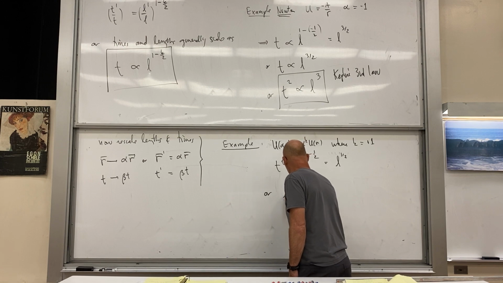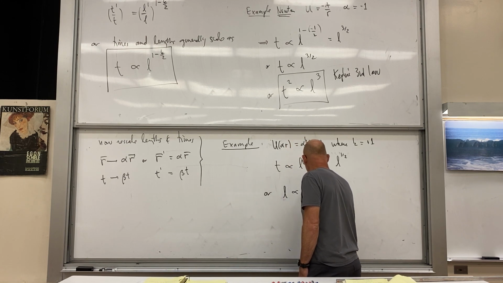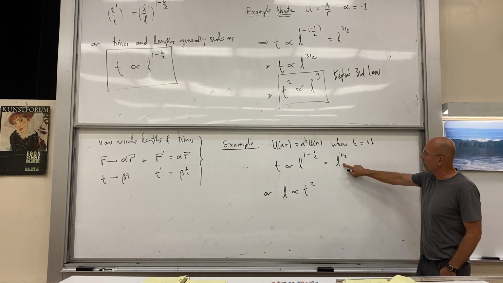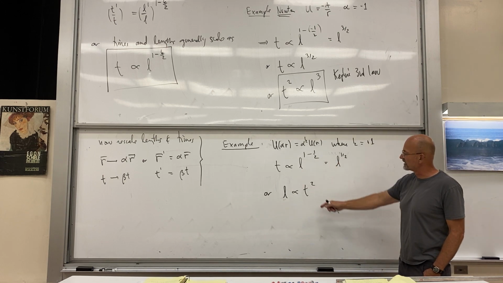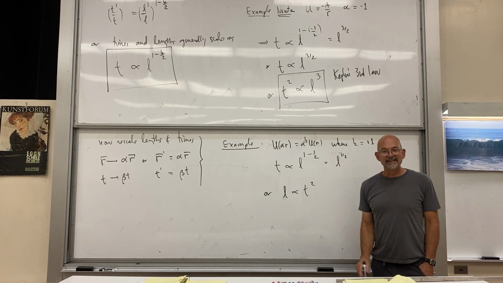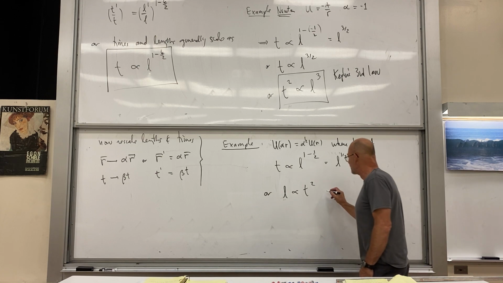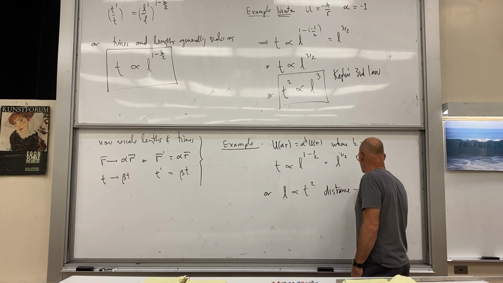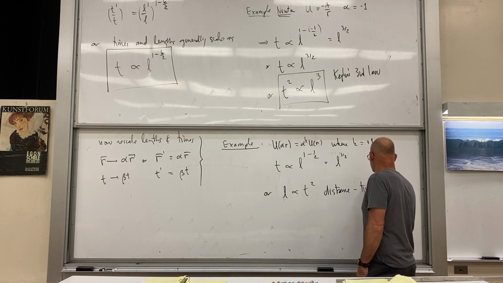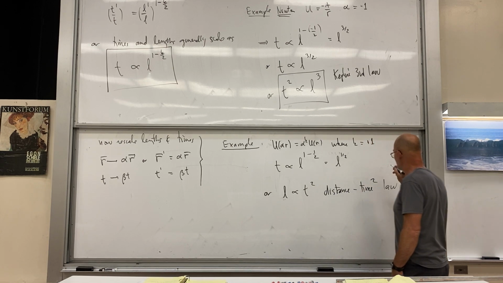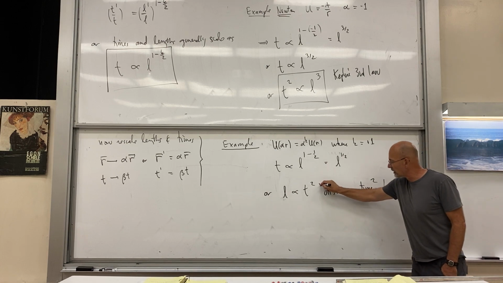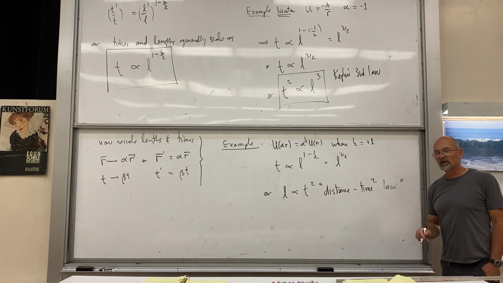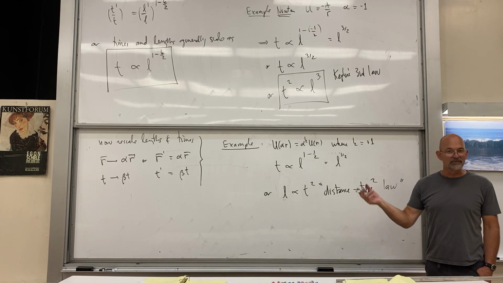What I want to write is, L is proportional to T squared. I just changed the order, right? I square both sides, T and L. L is proportional to T squared. That would be a distance times squared law. Distance times squared law, put that in quotes, which of course we know as constant force or free fall.